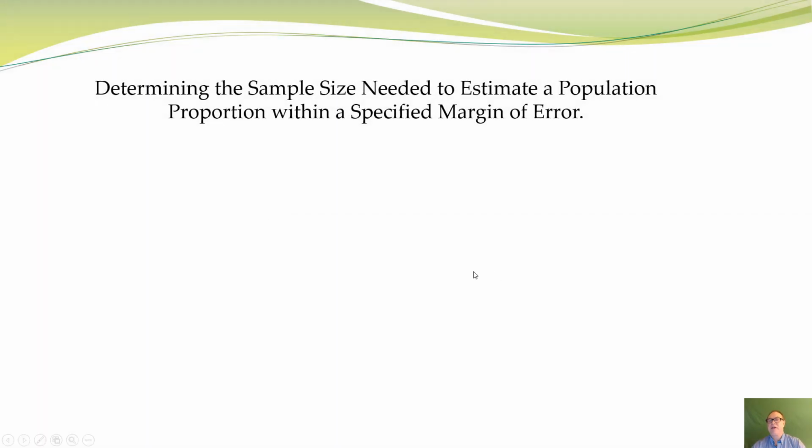Now, determine the sample size needed to estimate a population proportion within a specific margin of error. Okay, if a prior estimate p-hat is known, if somebody did a sample already and they have a p-hat, it's always wise to use their estimate because that'll cut down on your sample size when you do your estimate.